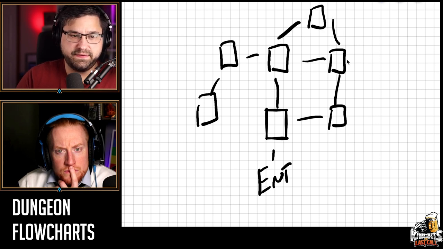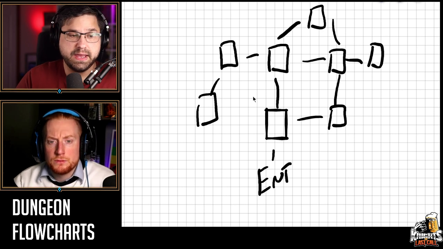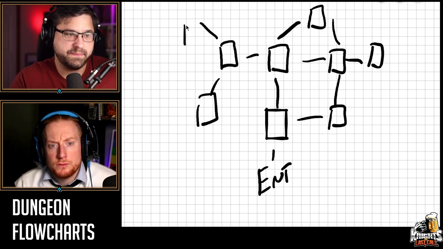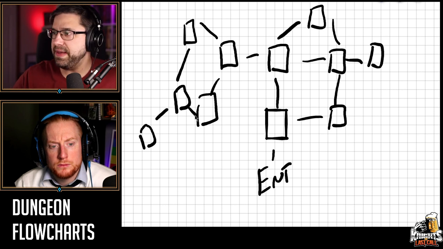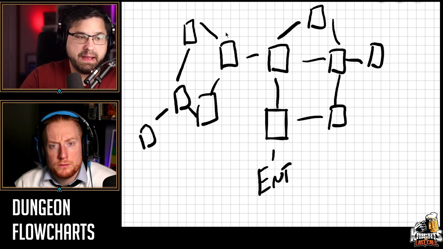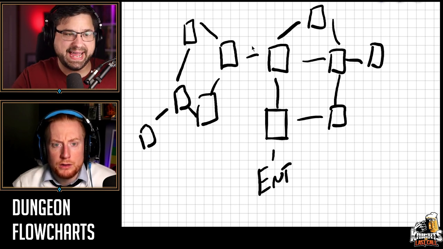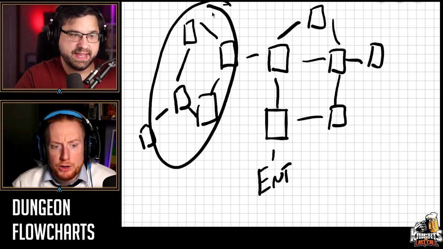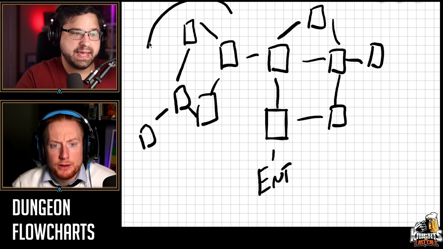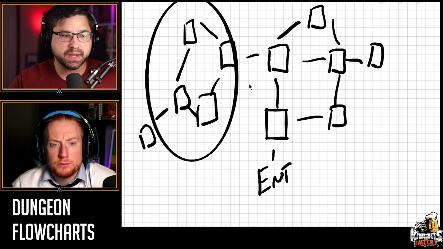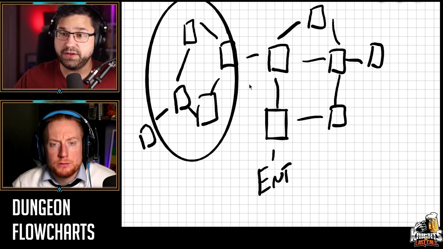Now over here you have this big area, but you see how this is almost like its own side dungeon, and there's really only one way to get there. You have basically created a distinct area within your dungeon.